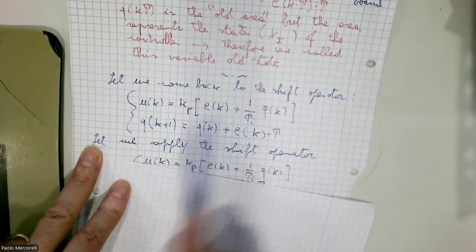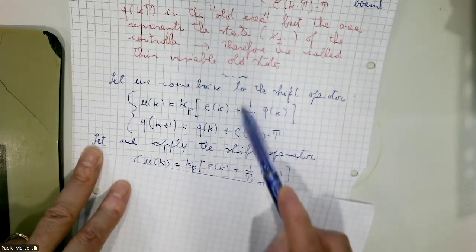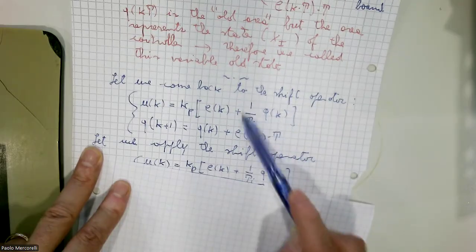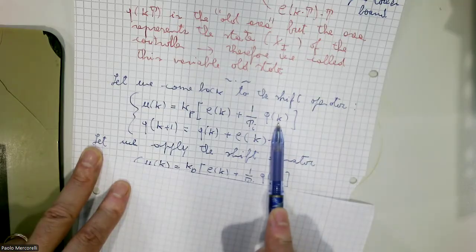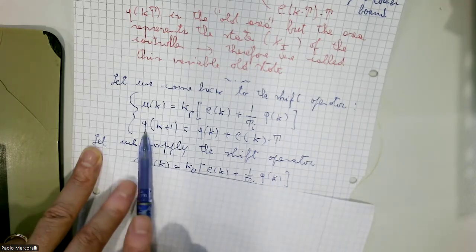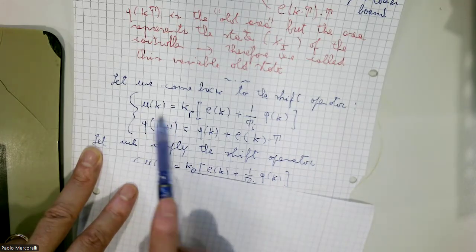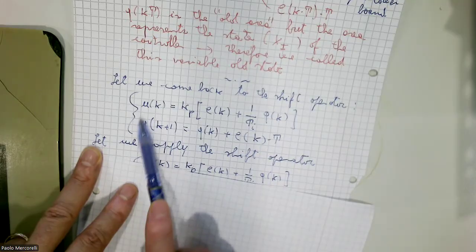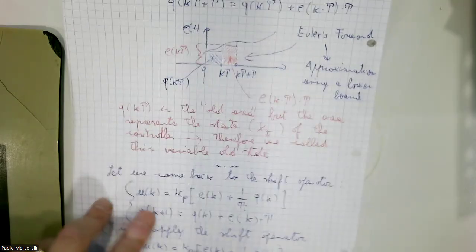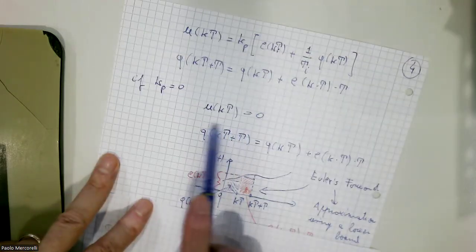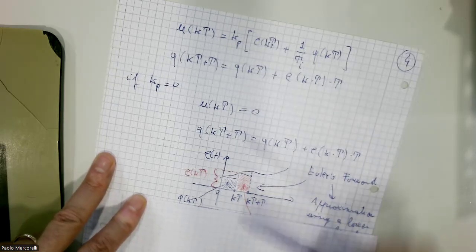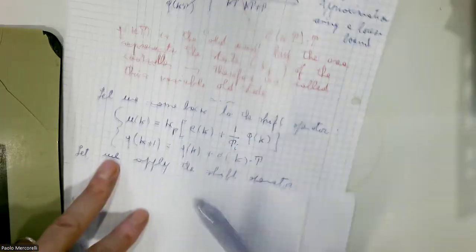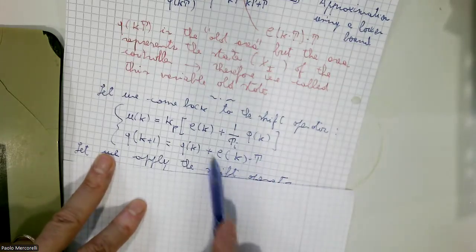Look how I realize the integral. Here is the old surface, which is updated. So basically, at the next step, I have a Q at k plus 1, which is this one, equal to the old plus this new part. Basically, I copy it here.